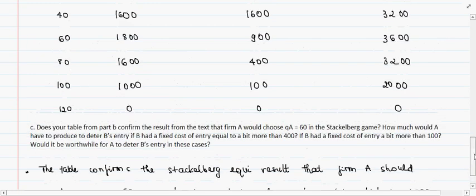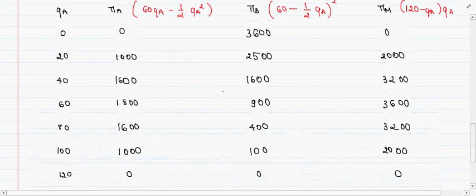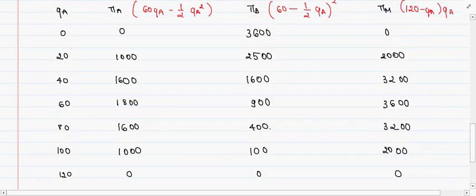Now looking at the table, you can see from here, firm B is going to make a profit of 400 if firm A is producing 80 units of output. And if firm A is doing so, then when firm B has a fixed cost of a little bit over 400, firm B will not be happy to enter the market because firm B can only earn 400.